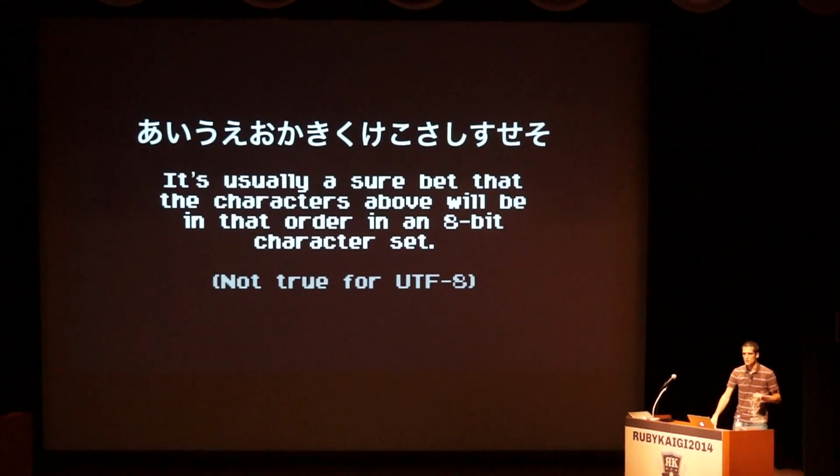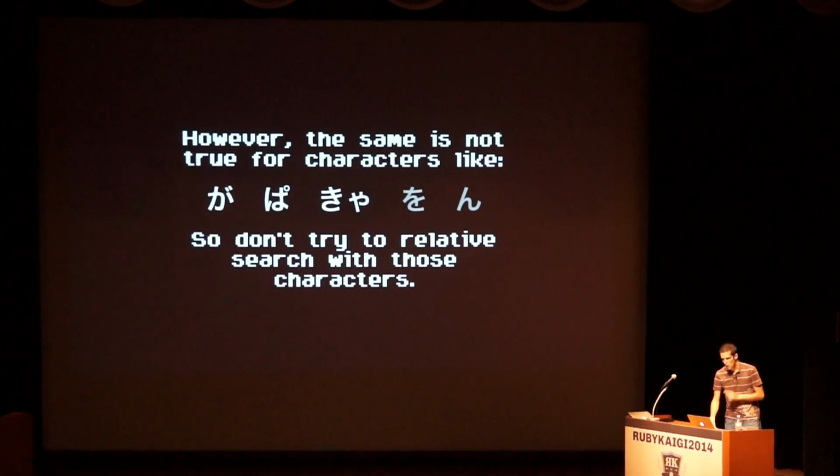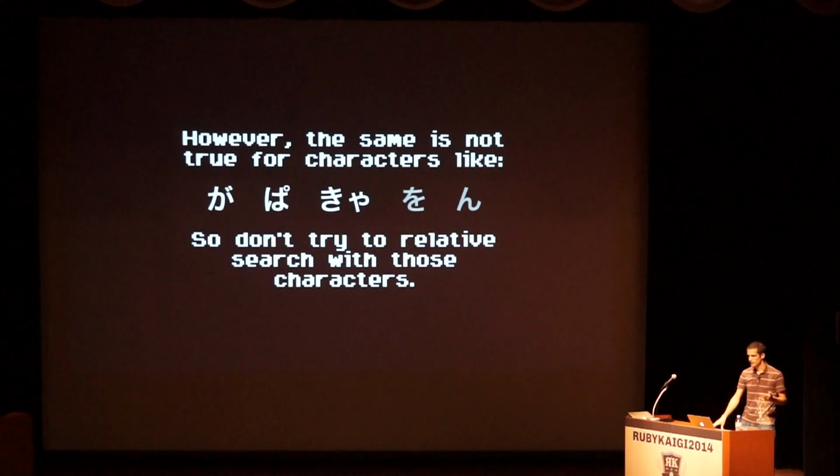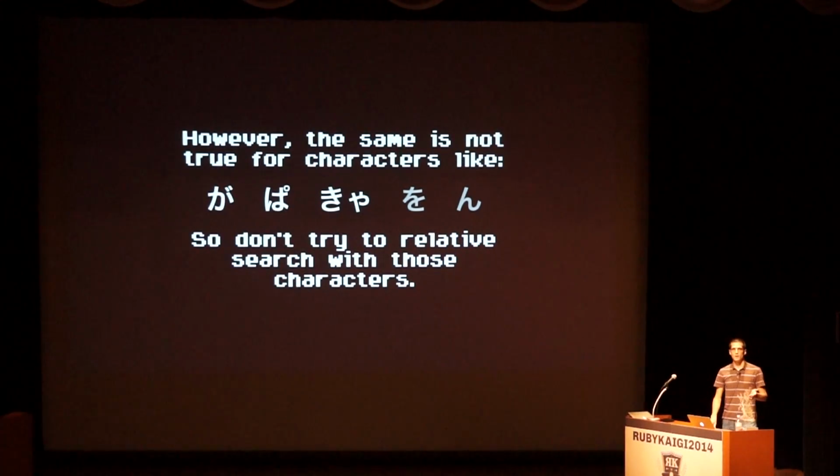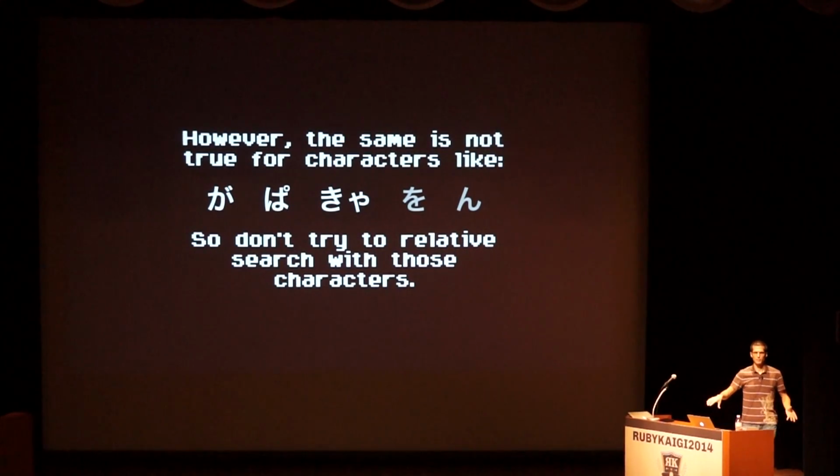And these characters, it's almost a sure bet they'll be in that incremental order in an 8-bit character set. However, the same is not true for ga, pa, kya, o, n. They tend to be placed in different places in the character set for whatever reason, obviously. So don't try to relative search with those.